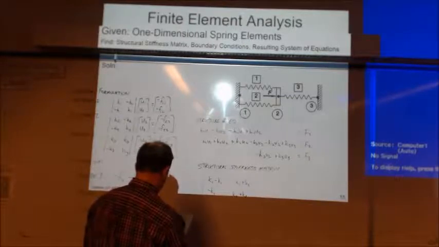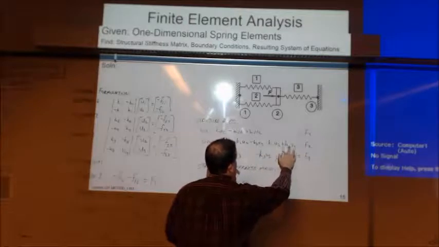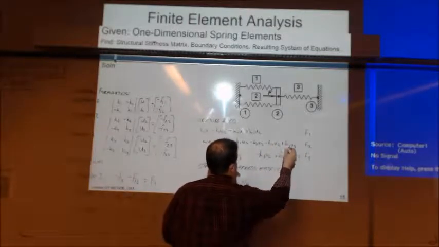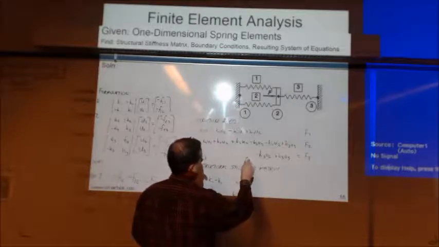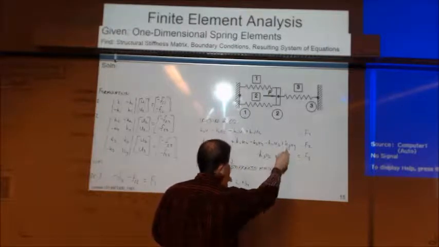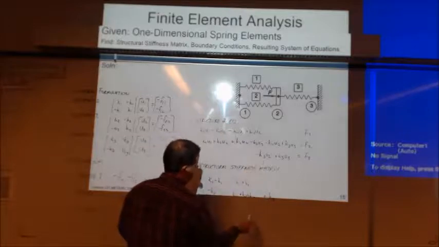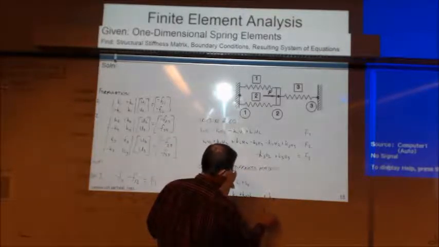We're missing K3. There we go. That's U2, and then I should have a plus K3. And then minus K3 plus K3.